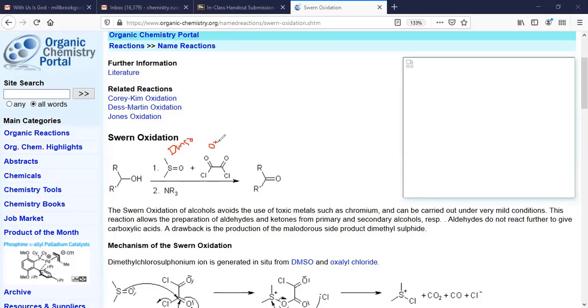By the time I get done writing this word, class will be over. Right? So oxalyl chloride and then DMSO plus a primary alcohol. Those are your conditions for the Swern oxidation, right?